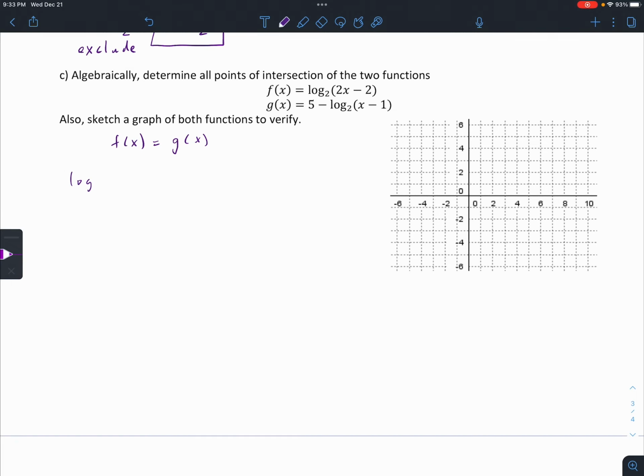We're going to have log to the base 2 of 2x minus 2 is going to equal 5 minus log to the base 2 of x minus 1. And so now we would want to move the log to the base 2 of x minus 1 to the right side. Going to be an addition.